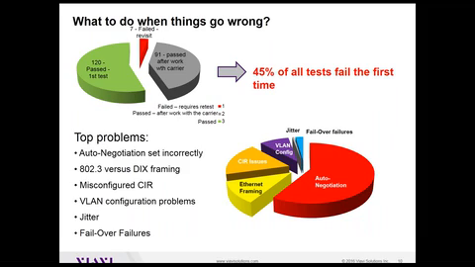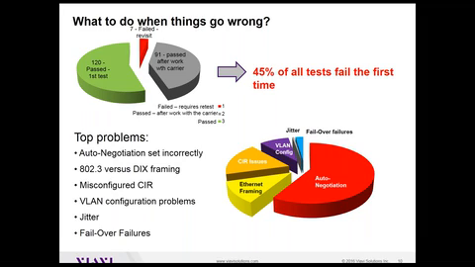So what to do when things go wrong? This is just some examples of running some tests that we have had as a service organization contracted out with some service providers, and this was just our view of some of the things that could go wrong in a circuit that would cause service level agreements to not meet their expectations. The top one is auto negotiation settings being set incorrectly.